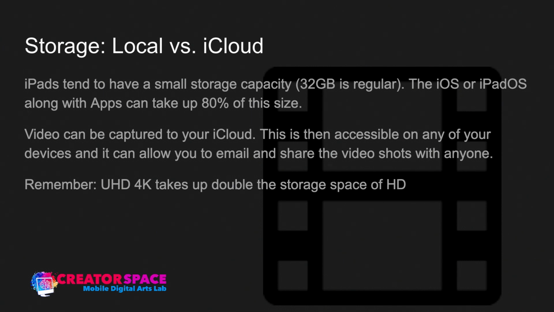So what you can do is set up your photo directory to be stored in iCloud, so that you're not storing it locally. All the video you shoot just goes to the cloud, your iCloud, and that way you can access it on any of your Apple devices, download it and work on editing it.